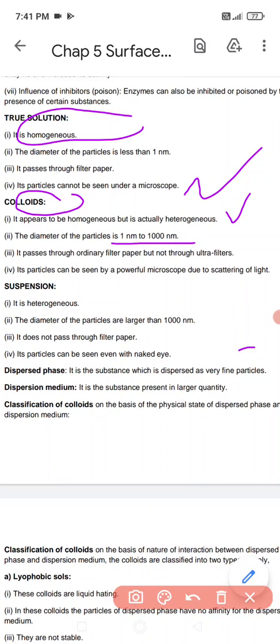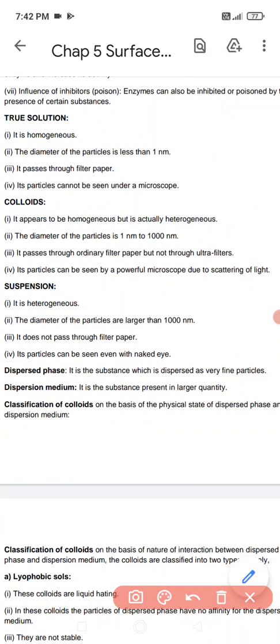It passes through the ordinary filter paper, but not through the ultra filters. Next important property is that these particles cannot be seen by a normal microscope, but through a powerful microscope you can see them. These are the properties of a colloidal solution.